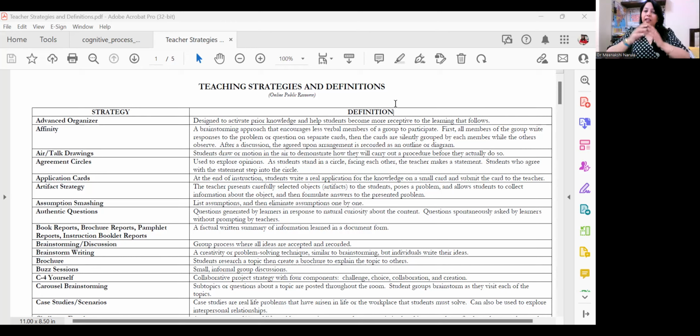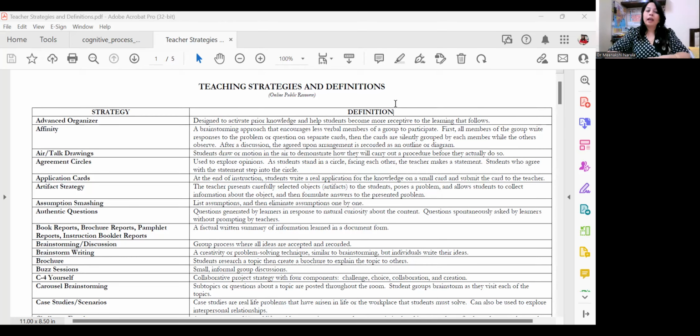Affinity is like when you stick to one point. This is a kind of pair share activity as well, but here it's in a different form, where the students write their responses only, and then discuss them with the other group members by sharing cards, drawing sketches, and the final output is presented in the form of a diagram or an outline.